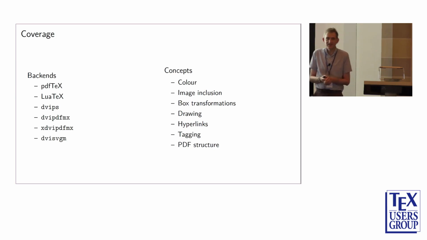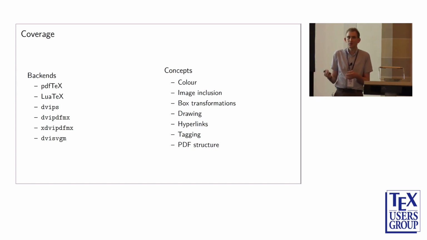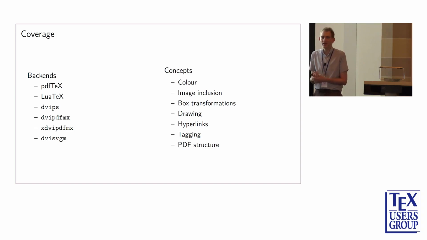Hyperlinks are interesting because of the way hyperlinks actually work: you have to worry about their interaction with any changes to the canvas when you're making a PDF. Then we've got tagging. Currently, tagging is partly in the core drivers and backend files, and partly in some code that is in the test phase because there's still testing going on.